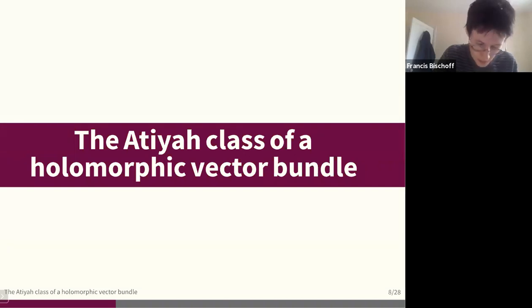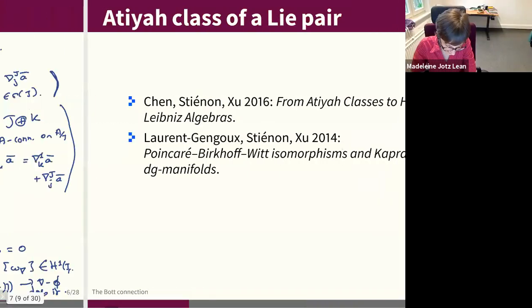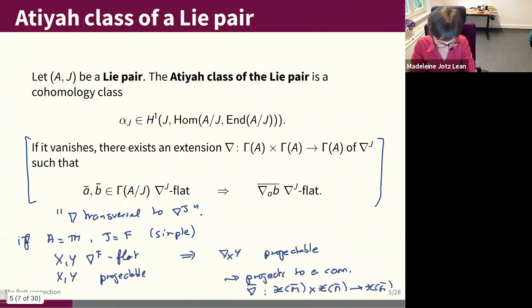Can you say again, what does it mean for the connection to be transversal? Transversal is this condition here. So in the context of a foliation, it's a connection that sends projectable vector fields to projectable vector fields.